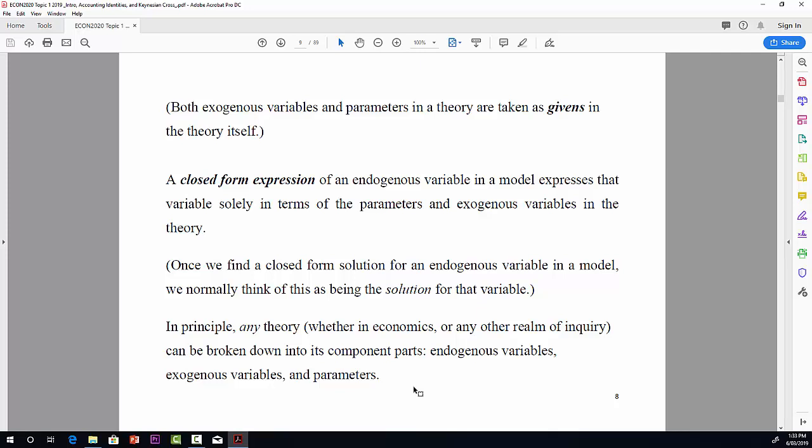So if you're ever in a lecture by someone or a talk by a politician or whoever is trying to put forward a theory, it's usually and often a good idea to think about, well, what's endogenous here and what's exogenous and what's a parameter. And maybe you could actually ask the person who's presenting the lecture, say, what is it that's endogenous in the model, and what's being held fixed exogenously, and what's a parameter in the model?